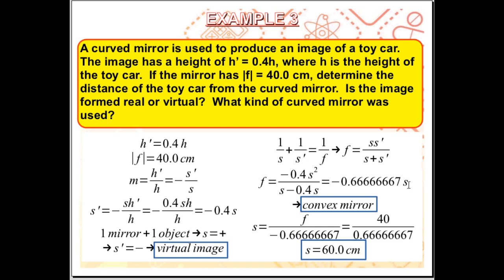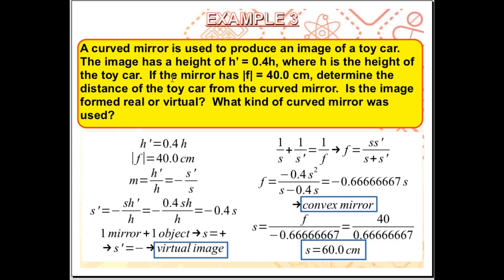Since s is positive, positive times negative, that means the focal length is negative. For negative focal length, that means you have a convex mirror, as opposed to a concave mirror where the focal length is positive. So here, focal length is negative. You have a convex mirror.